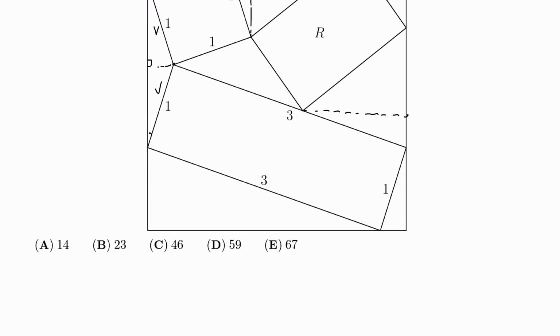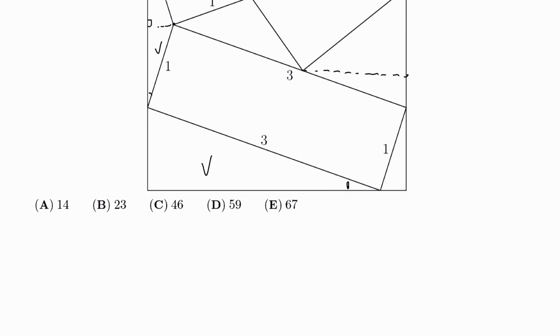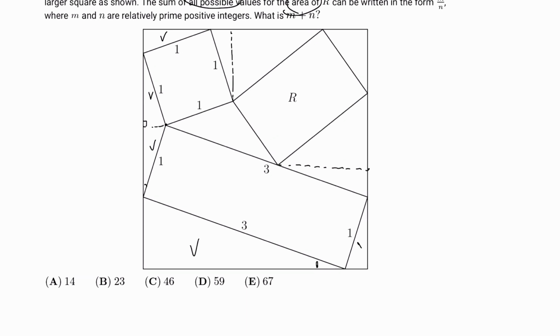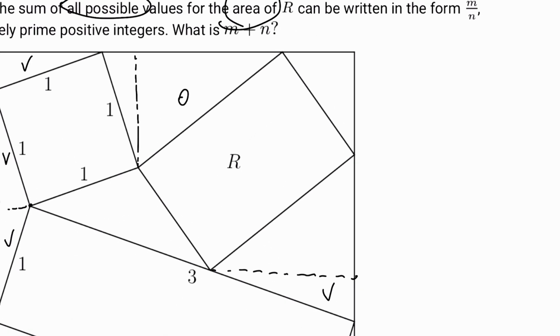Using the angle argument, all of the check-marked ones are similar, along with this and that. If we look at this one, the angle of that is equal to the angle of that, which means that this one is similar to that, and this one is similar to that one as well.